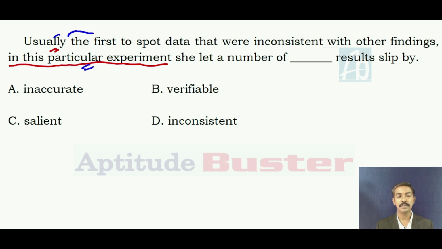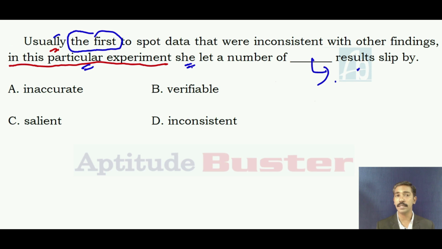Usually the first, this is in the superlative form. So this person is usually the first to spot data that were inconsistent with other findings. When we say usually, she is the first. In this experiment, she let a number of dash. Which means she has failed to do something in this experiment, and that is a really miserable one.